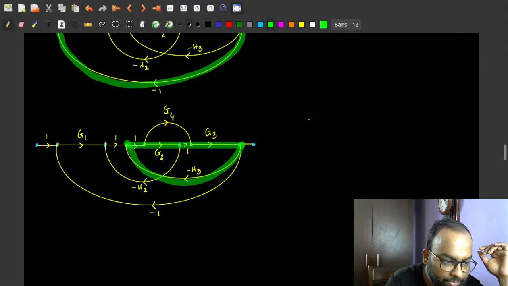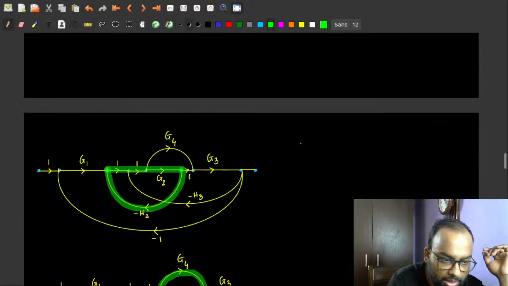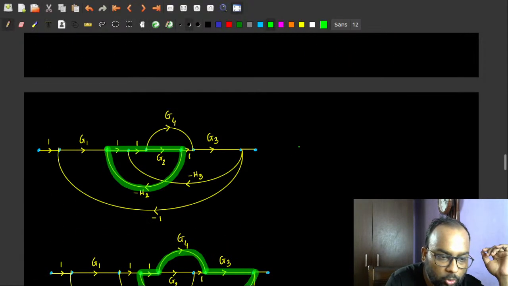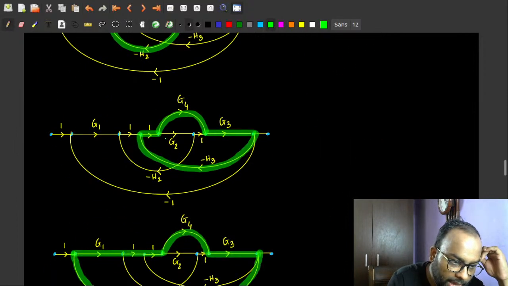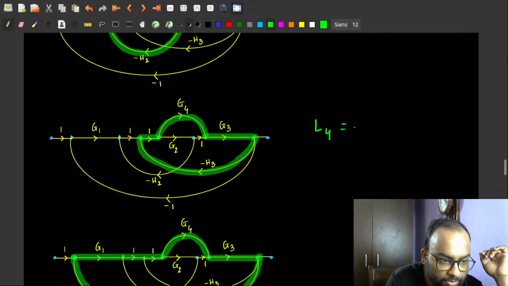For loop number 2, the gain is G2, G3 and a -H3. For loop 3, the gain is minus G2 H2. For loop 4, the gain is G3 G4 and minus H3.